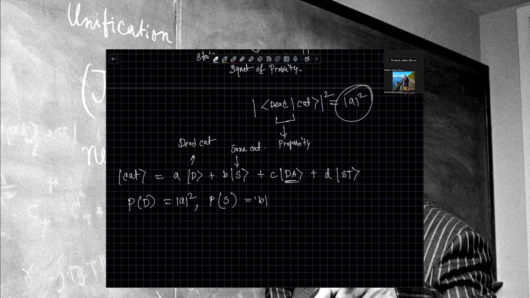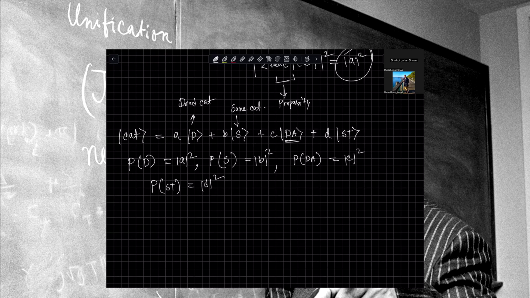This will be mod of B squared. The probability of getting a dancing cat is mod of C squared. And the probability of getting a standing cat, standing on its toes, looking out of the window or something, is mod D squared.